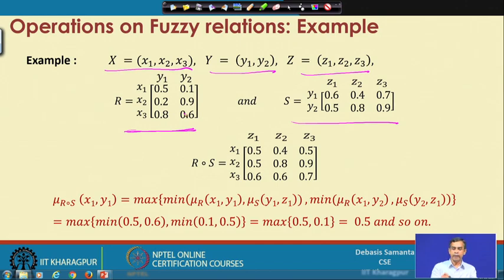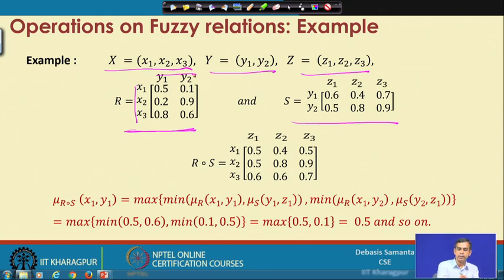Now, if it is given to you, can we calculate R union S easily? Here the elements are not the same, so we cannot apply R union S. The union operation is applicable only if the two relations are defined over the same elements. If this relation is defined over these elements, then the other relation should be defined over the same ones.